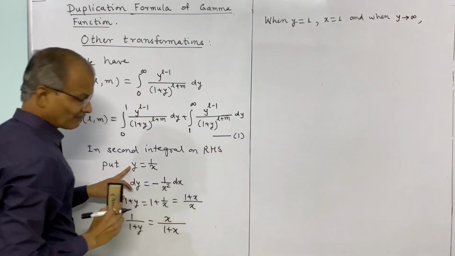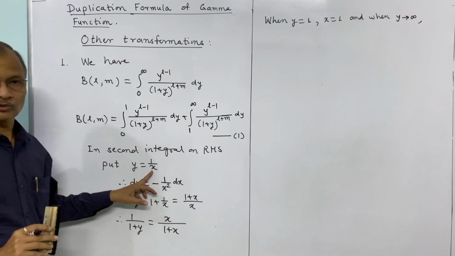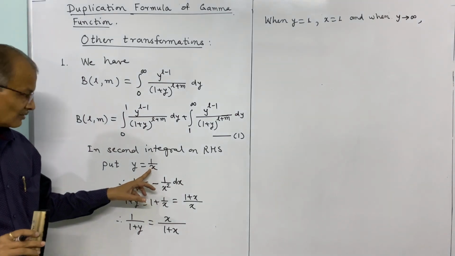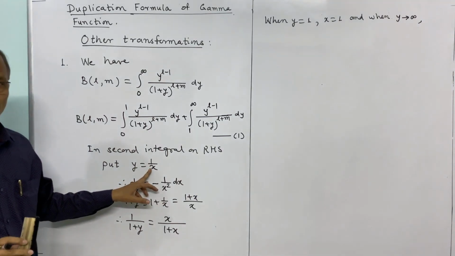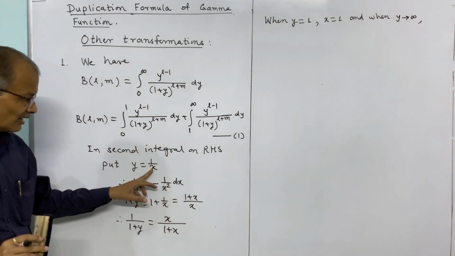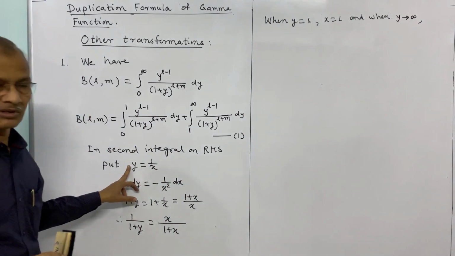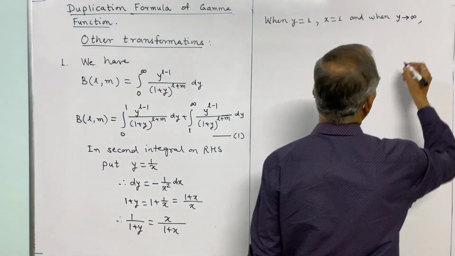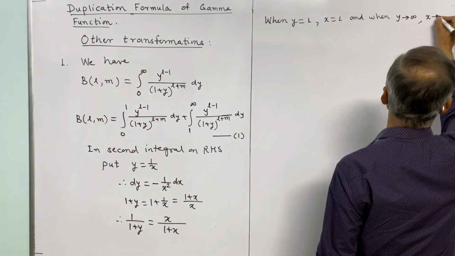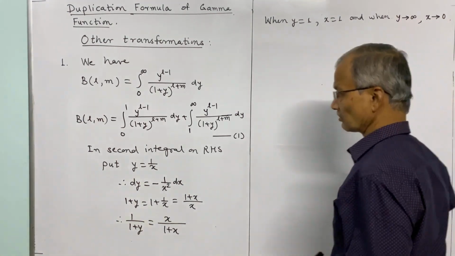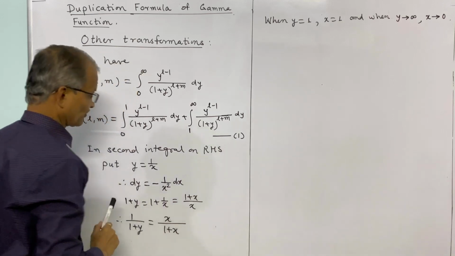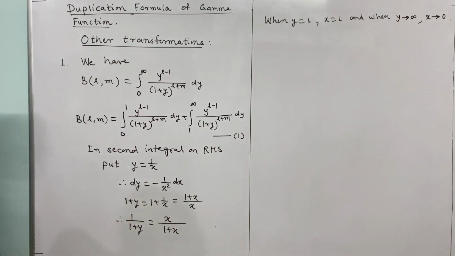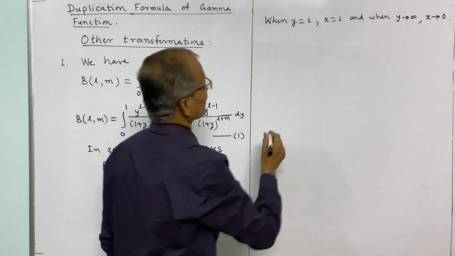If y becomes infinite, then x will approach 0. 1 over 0 is not defined, but when the quantity is very small, y will tend to infinity, and therefore we can write: y tends to infinity, x tends to 0. So the limits for x are 1 to 0.